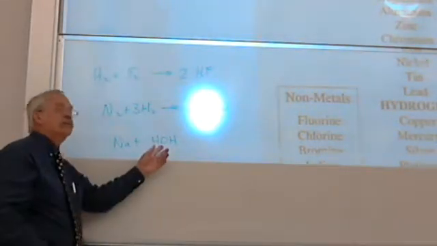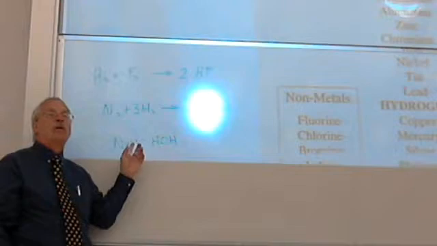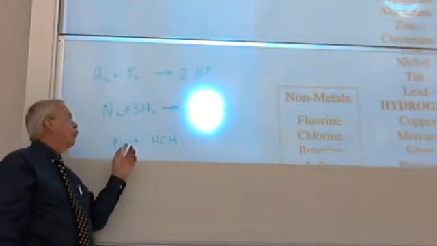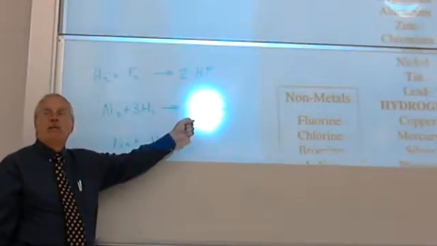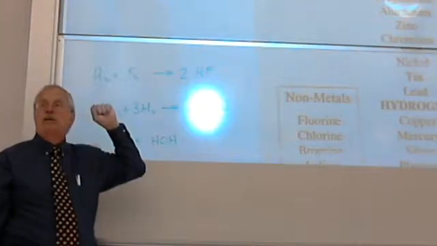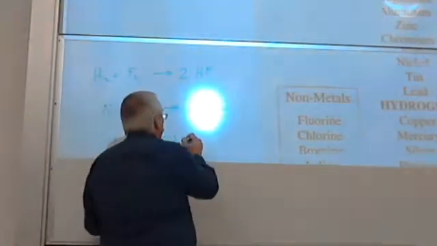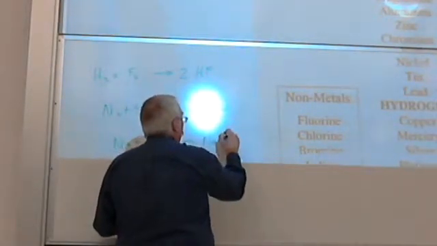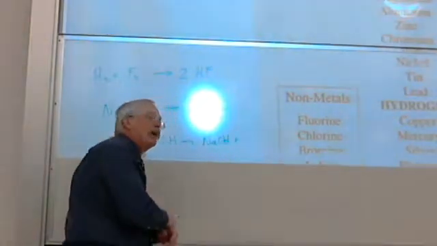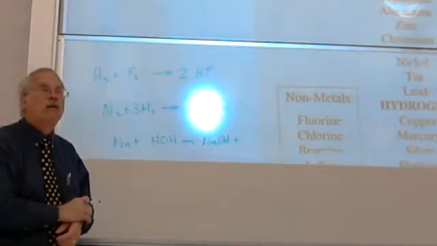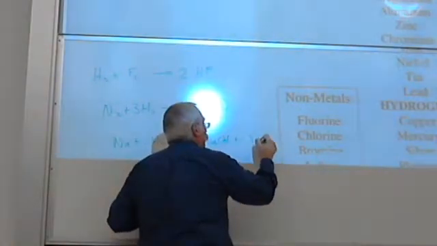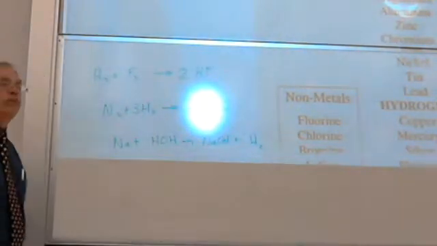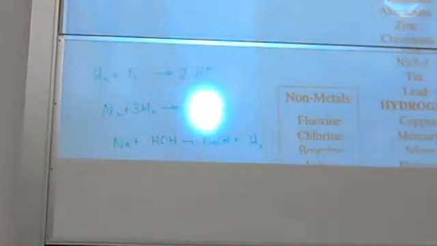That's why we want to write it as HOH. Sodium is a plus 1, hydroxide minus 1, so it makes NaOH, and it leaves hydrogen alone, which is H2, because of the HONClBrIF connection.